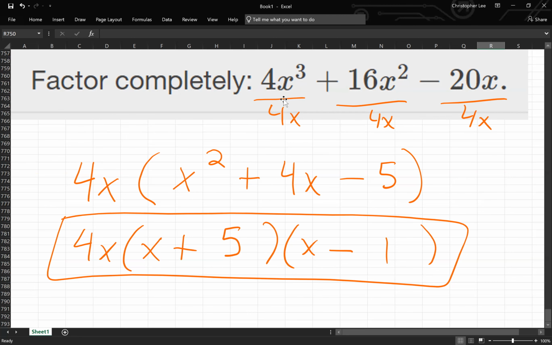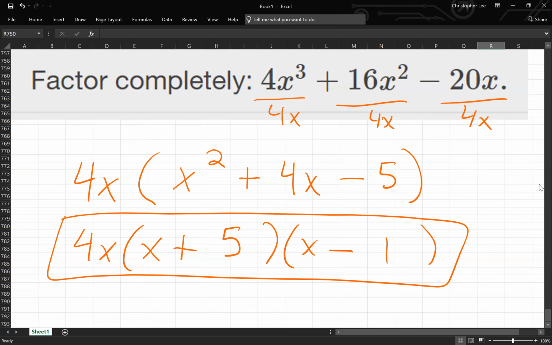Because I had to find the greatest common factor first. So same thing we did last class, but now we're kind of putting it all together. So I have a trinomial here, but there's a greatest common factor. Long story short, whenever you have a polynomial, you always look for the greatest common factor first, right? If there's no greatest common factor, go ahead and do the rest.